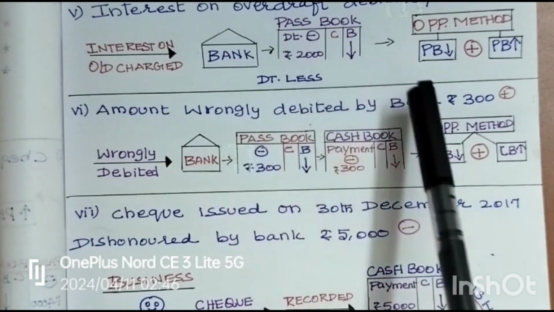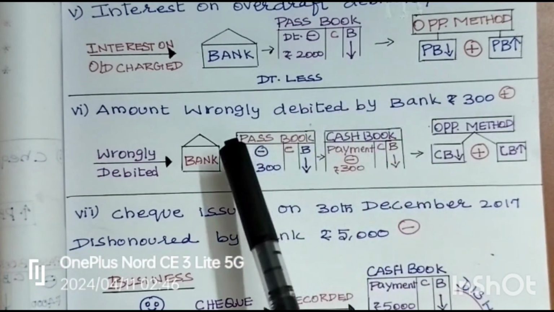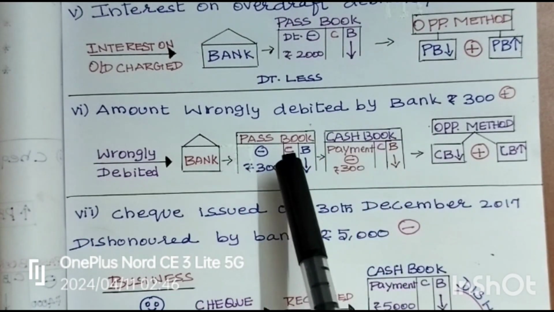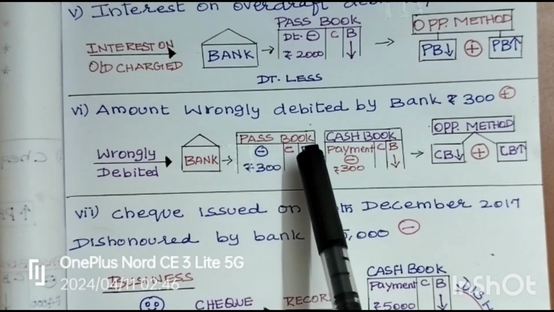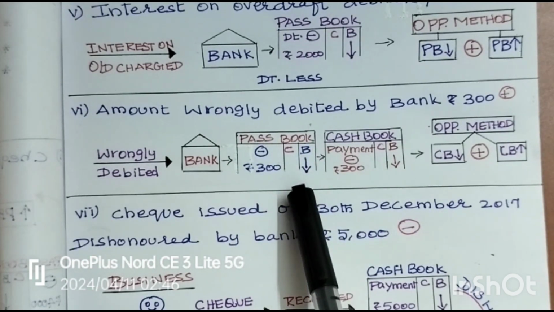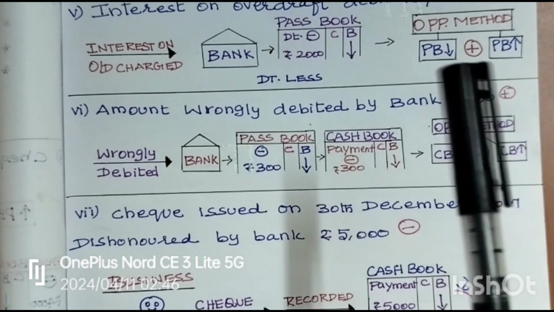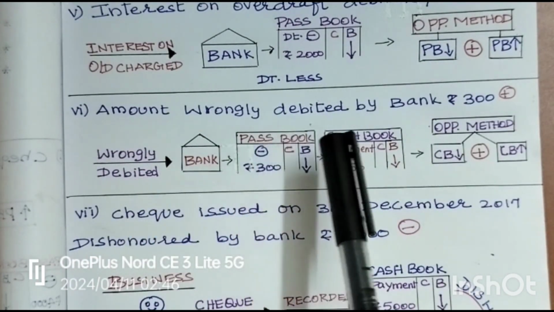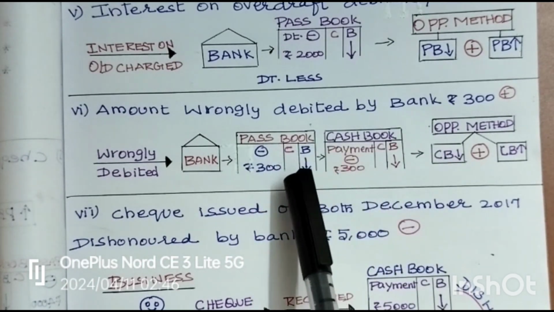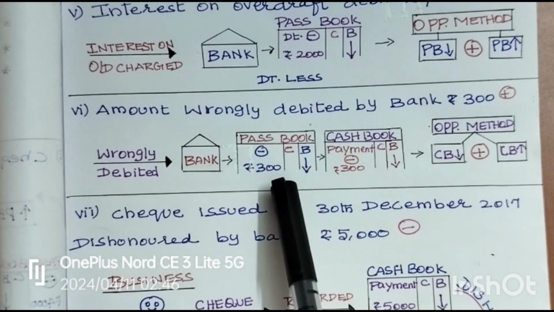Okay, so bank wrongly debited 300 rupees in your bank passbook. So what happened in your passbook? In your passbook 300 rupees deducted, decreased. So your bank statement shows 300 rupees debited. Okay, passbook means bank statement.